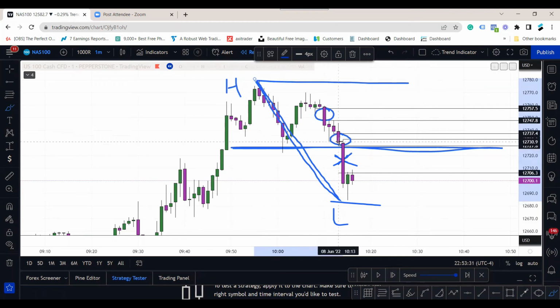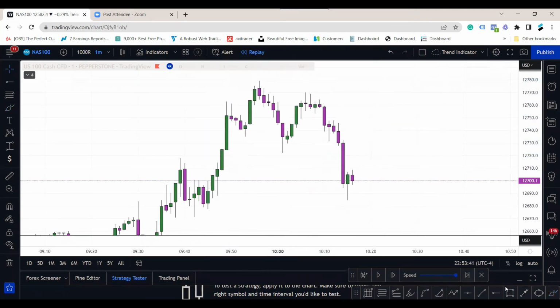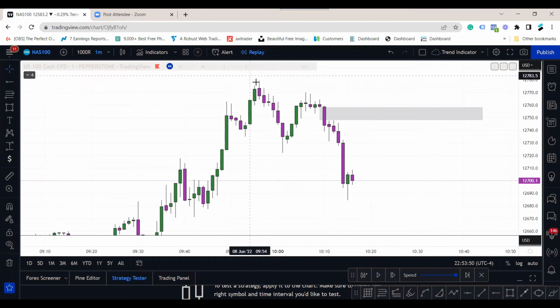Now remember, I was trading the 1 minute time frame, right? So I can't go down anymore. So what I did was I simply selected where my AOI is going to be, and I placed my sell limit there, right? And my stop loss above here. You can put it at the center of this gap, or if you're worried that your order will not be triggered, you can just put it right on top here.